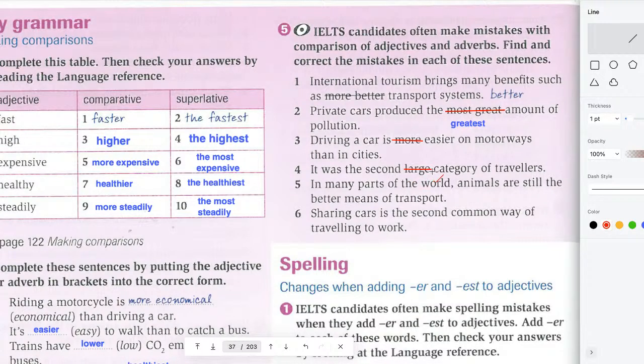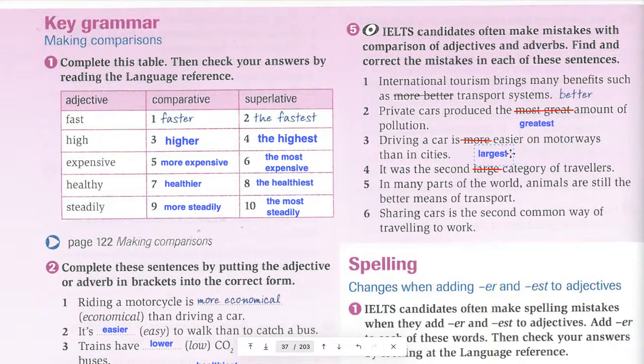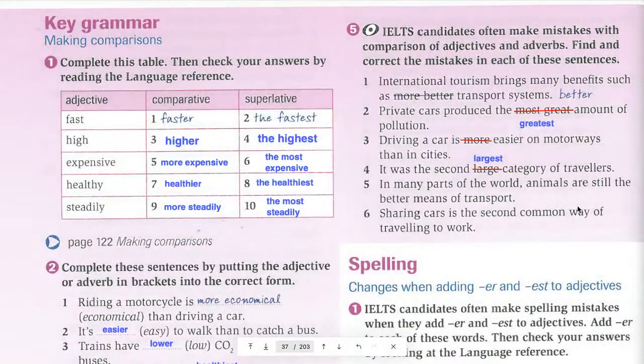So remove large and replace that by largest. So it was the second largest category of travelers. Okay. Number 5.